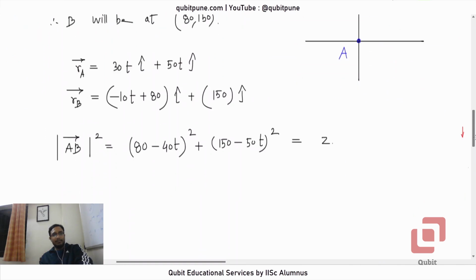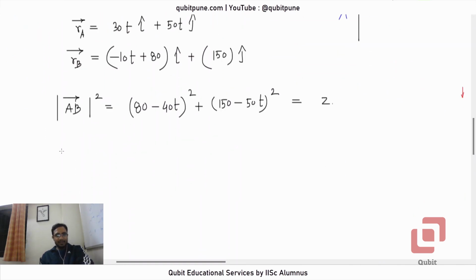Now we want minimum distance, so let's try differentiating this. Now you realize that this function consists of two non-negative numbers because we are squaring, okay. So the value that we are finding after differentiating and applying the first and second derivative tests is going to be the minimum value, not maximum, because there is no maximum value here.